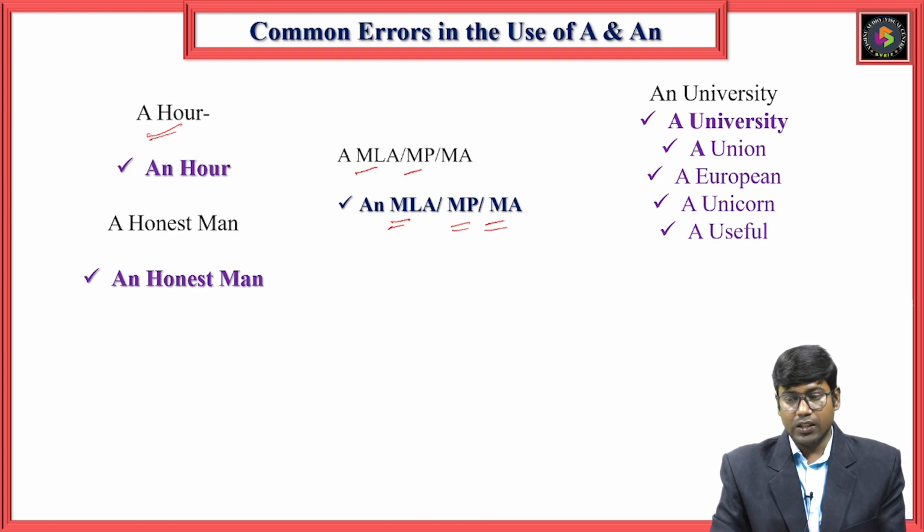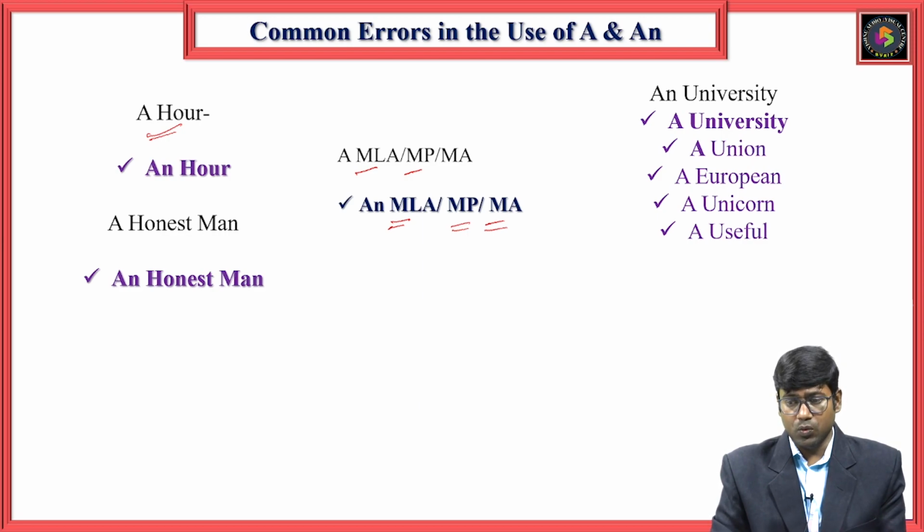Again, another such type of example, which we generally pronounce: university, union, European, unicorn, useful. The general pronunciation is like that because it depends on RP pronunciation, on phonetics and transcription. So university, union, European, unicorn, useful, like this. A consonant sound is actually coming.